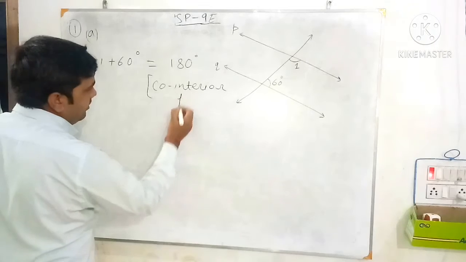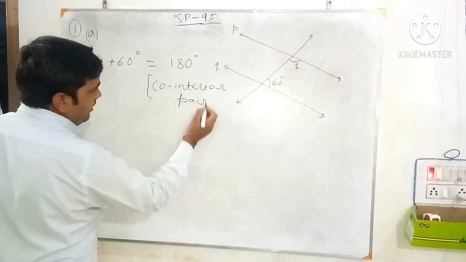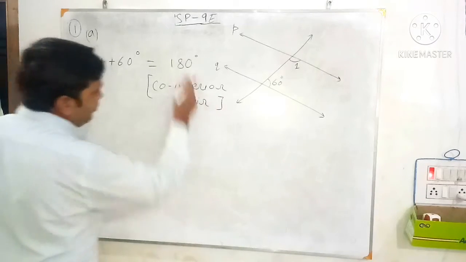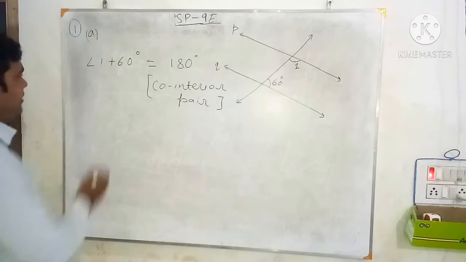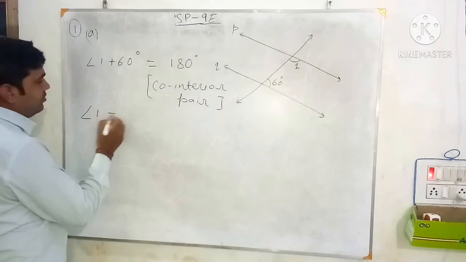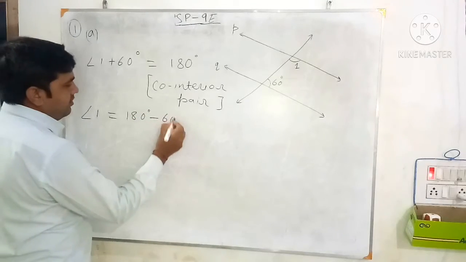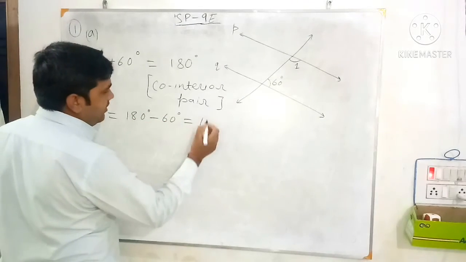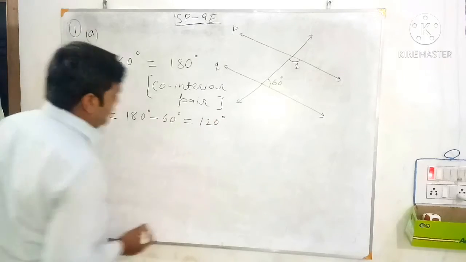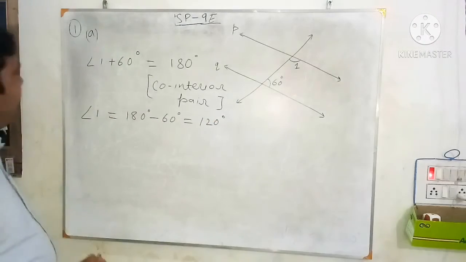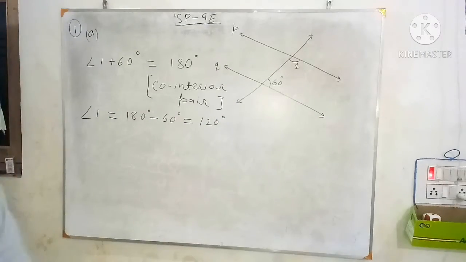And co-interior pair is always supplementary. So angle 1 is equals to 180 degree minus 60 degree, that is 120 degree. The measurement of angle 1 is 120 degree. Okay.